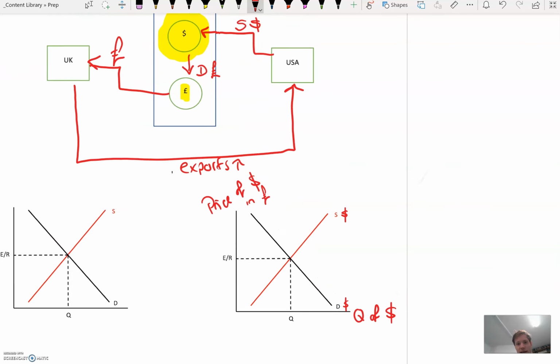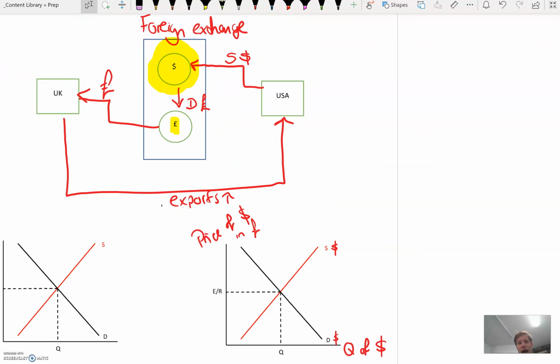What we're going to say then is that as dollars flow out of the USA, as US consumers leave their dollars in the foreign exchange shop, that means that the supply of dollars is going to shift to the right, S1 dollar. And we're going to see, as a result, a fall in the exchange rate, ER for exchange rate, and an increase in quantity of dollars traded on our foreign exchange markets.